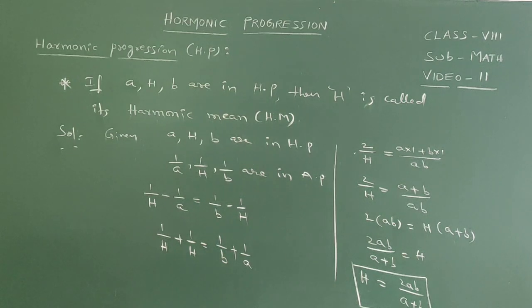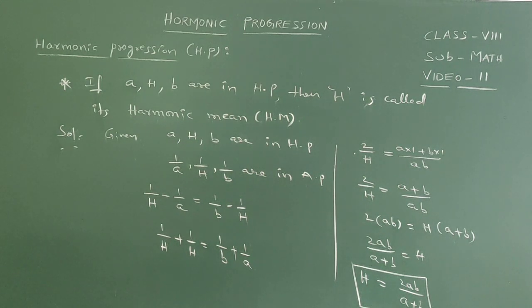Once again, observe that one. A, H, B are in HP, then the middle one H is called its harmonic mean. Here the reciprocals 1 by A, 1 by H and 1 by B are in AP.